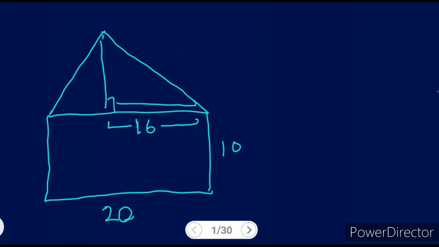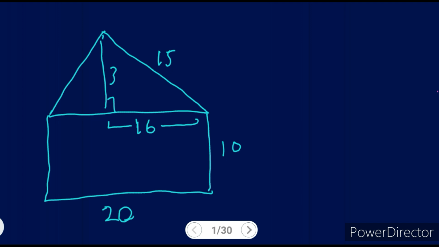So this portion is 16, and you're told that this is, let's call this 3. So the perpendicular height is 3. And let's just say that is all you're given. Okay, fine. This is not a realistic diagram, but let's say you're told that this is 15.